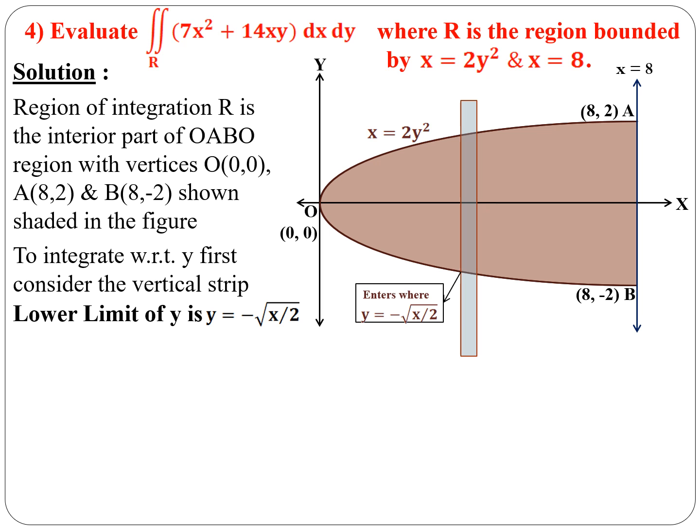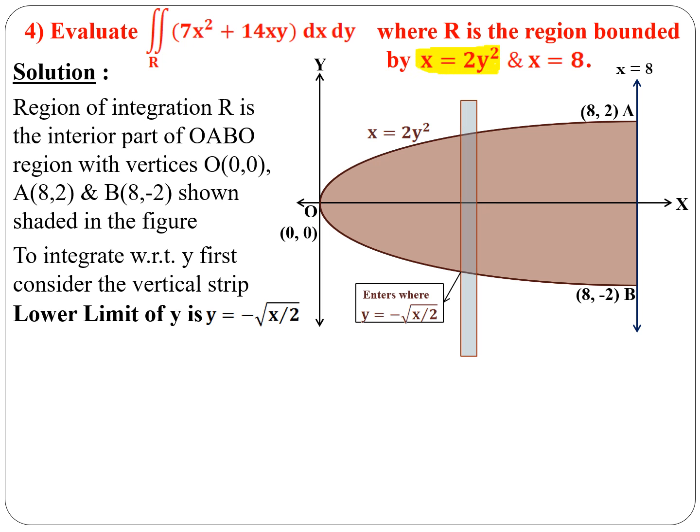So the lower limit of y is -√(x/2). Why is it so? Because it is entering the region through the parabola, the negative side of the parabola. From the parabolic equation we find the value of y, so y = ±√(x/2).